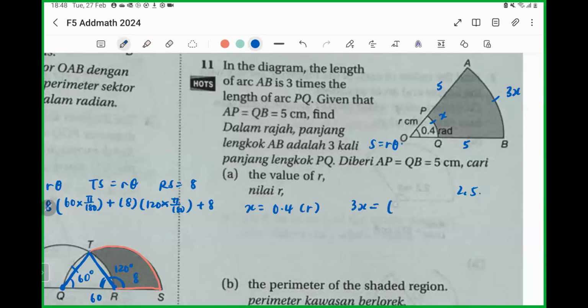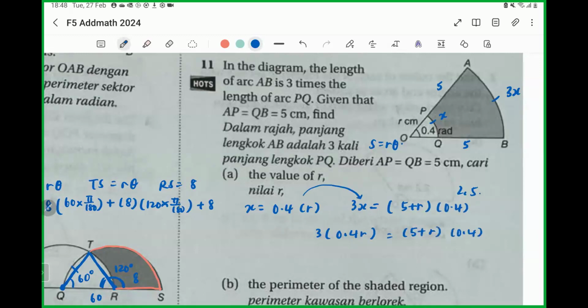It will be the 5 plus r, which is the radius, times the 0.4. So now you have the x, right? Can you substitute this part into the x here? So 3 times 0.4 r equals to 5 plus r times 0.4.